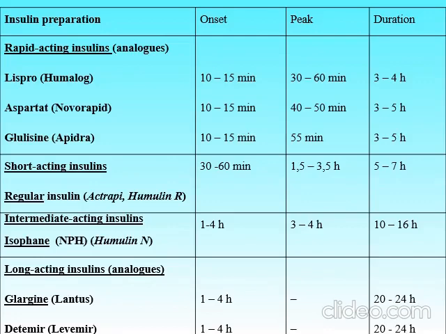From the table we can select the long-acting glargine, Lantus, at breakfast, as a once daily injection, which gives 20 to 24 hour action, and another short acting or rapid acting insulin like Lispro or Humalog.